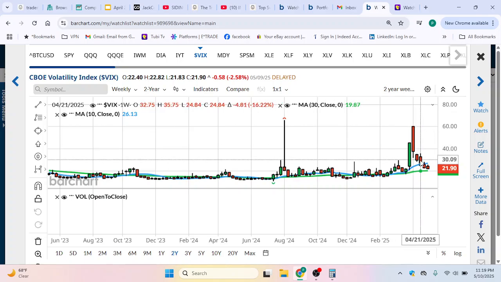So the fact that fear has subsided has allowed other market participants to analyze different facts and consider what new policies are going to do to markets and to the economy, and now things are calming down. That's basically what's happened. Okay, not what I want to happen, or what I think should happen, but it is what's happened.